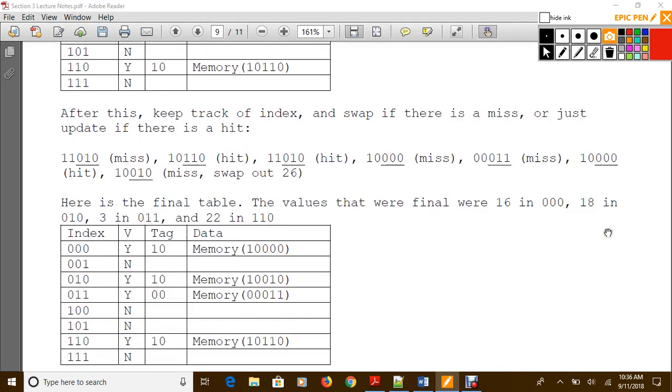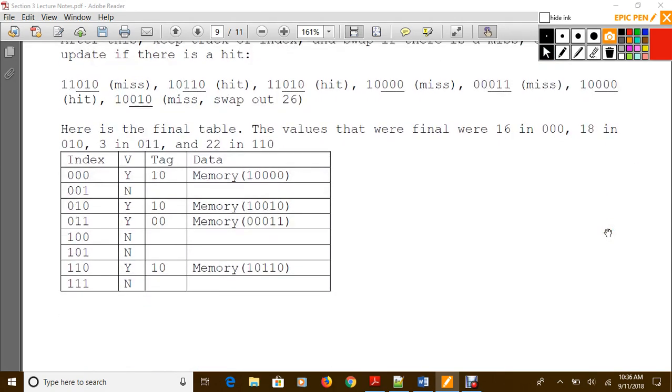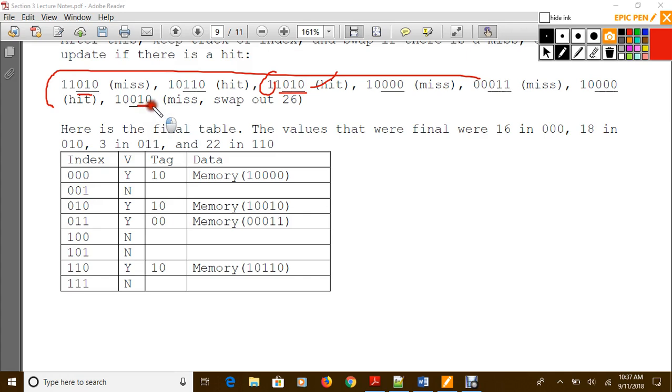So this is the final table. Most students will actually draw this out because they'll keep track of the last 3 digits. They'll say, okay, the last 3 digits here match the tag, so it's a hit. So this is the 26, 22, 26, 16, 3, 16, 18. The 18, that's where it's a miss and swap out.